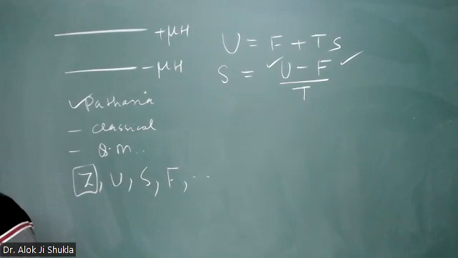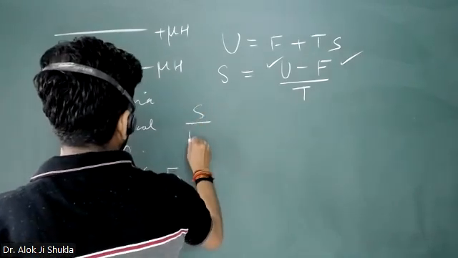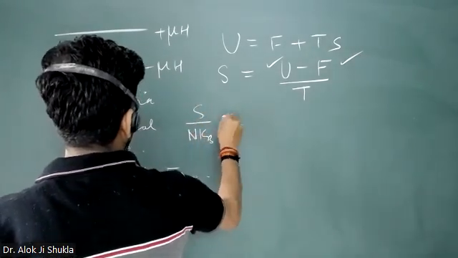this expression. Actually I have had entropy written. Entropy you will find like this: S by N kB per unit.